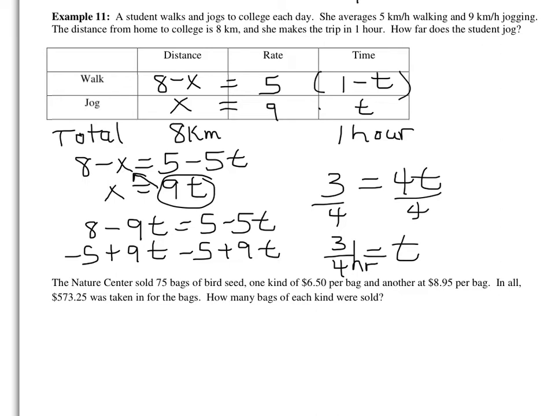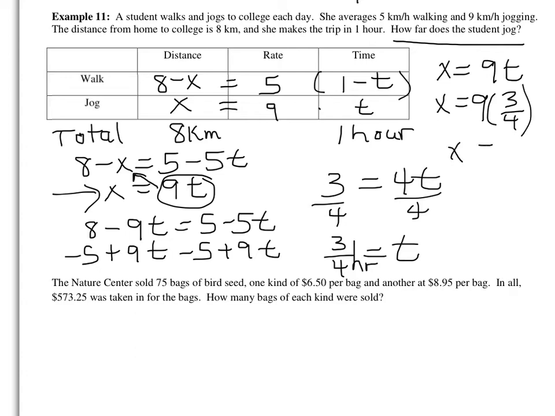But we want to know how far does the student jog. We want to know what x is. Well, looking back at our equations, we see that x is 9t. So x is 9 times 3/4. 9 times 3/4 is 6.75.